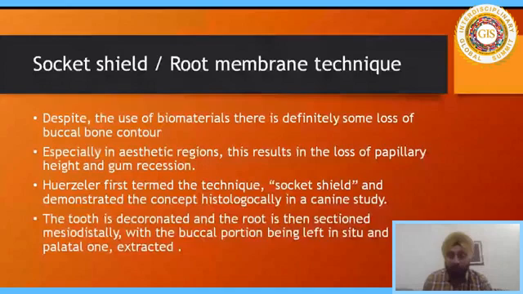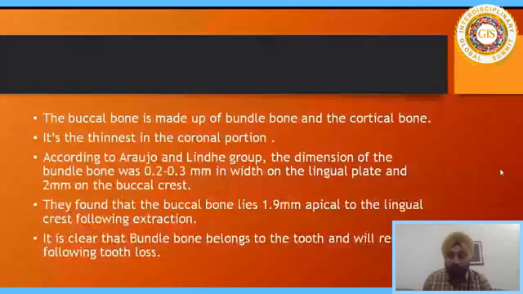Now, why the need for a socket shield? We know that the buccal bone is made up of buccal bone and the bundle bone. It is thinnest in the coronal portion. According to the studies by Mauricio Araújo and Jan Lindhe, the dimension of bundle bone was 0.2 to 0.3 mm on the lingual plate, while it was thinner on the buccal.